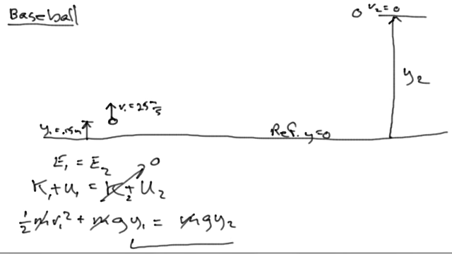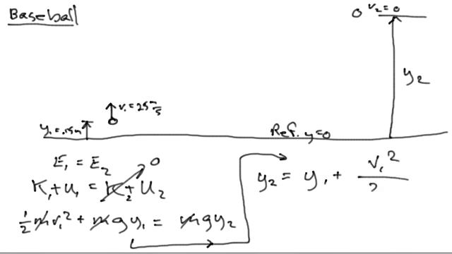I'm solving for y2. Divide both sides by g. It's going to be y1 plus v1 squared over 2g.